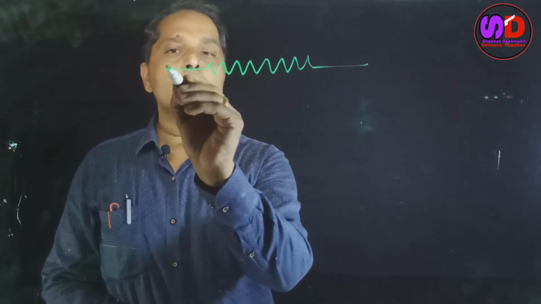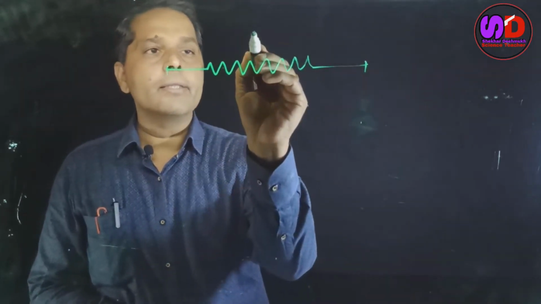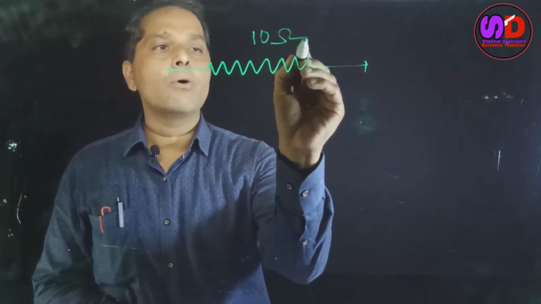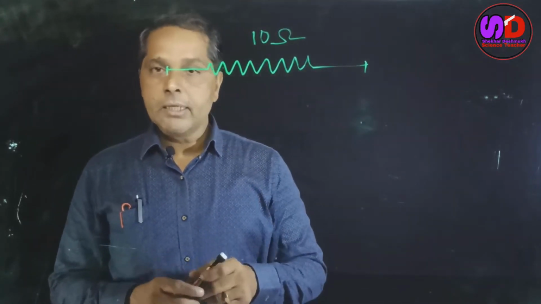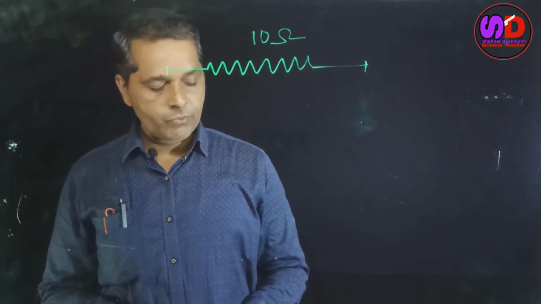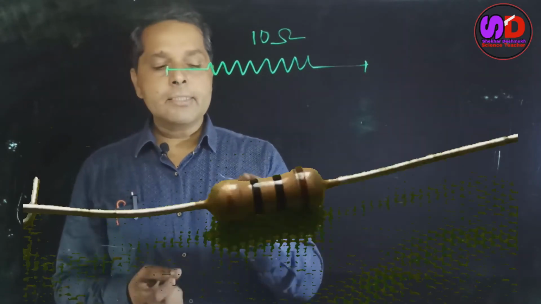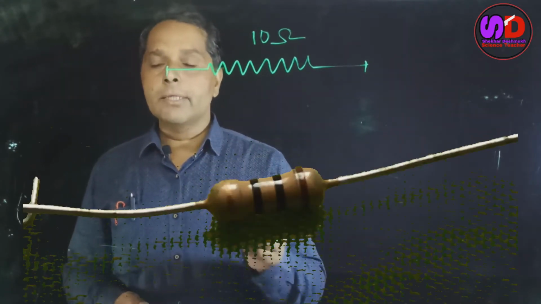Within these two ends a particular value is provided, suppose 10 ohm, that means the value of 10 ohm is provided between its two ends. You can see how the actual resistance looks in this video.